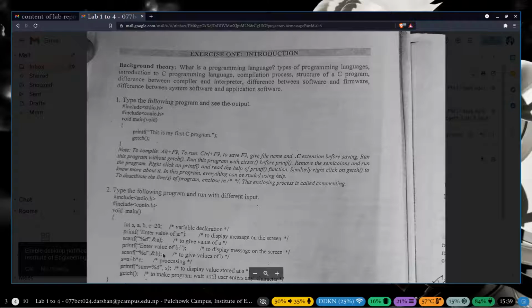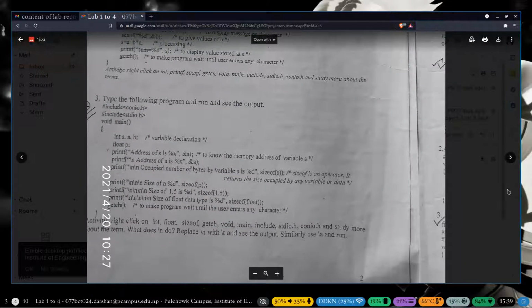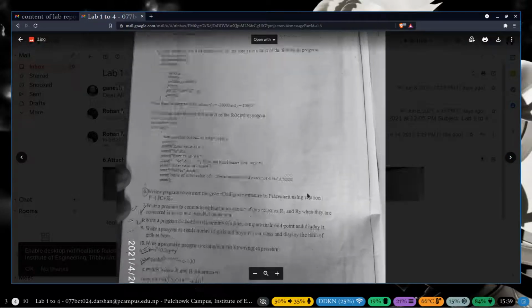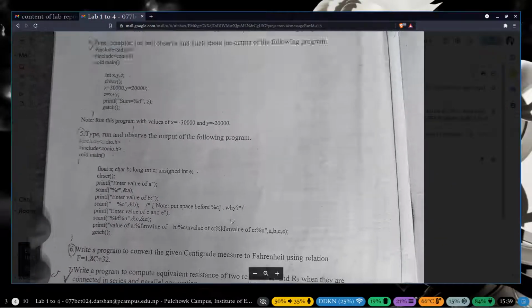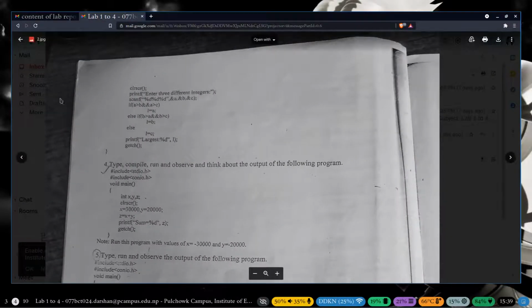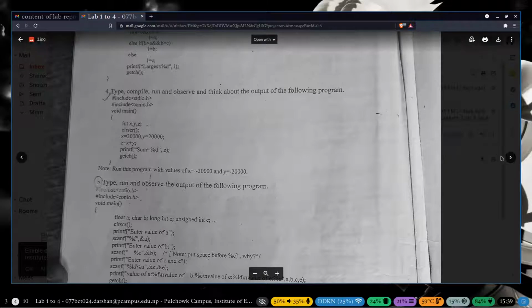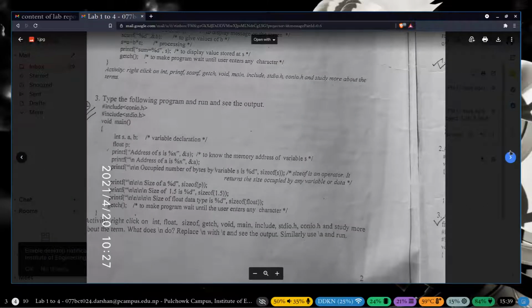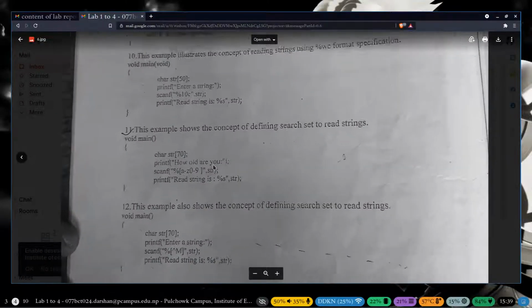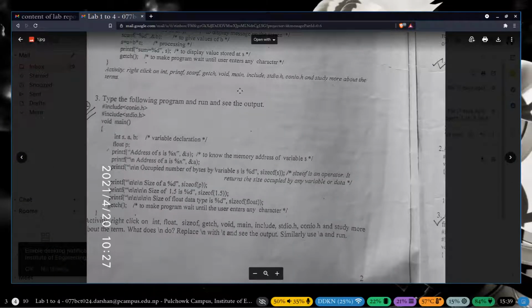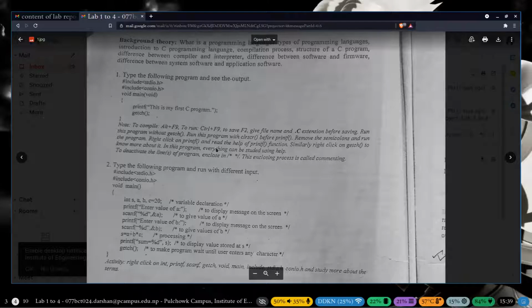But the table declaration is 4. 1 2 3 4 5. It is different. It means this one is 1 and the thing that I did was 2. Okay, it was 2, I think. So I think I have to do it 1.